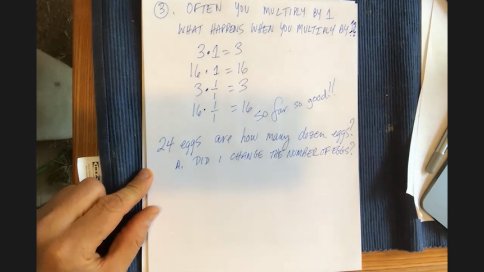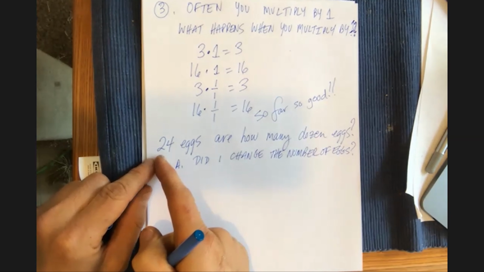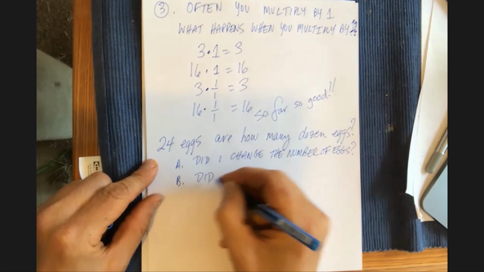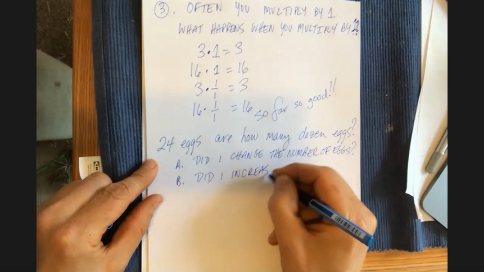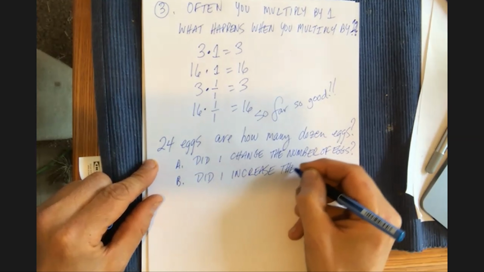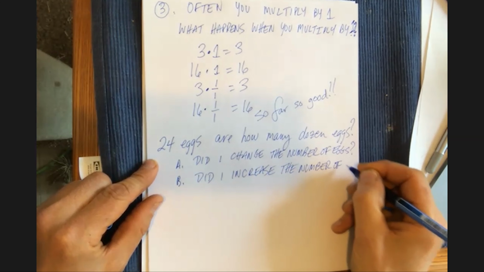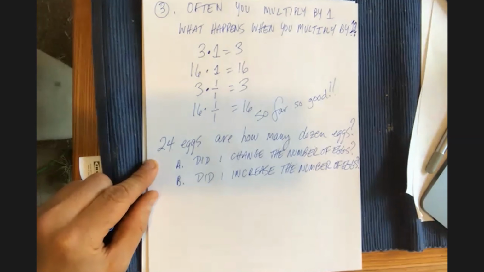I don't think so, no. I mean, I just want to know how many dozen it is. I still have 24 eggs, right? So I haven't changed the number of eggs. Did I increase the number of eggs? Nope.